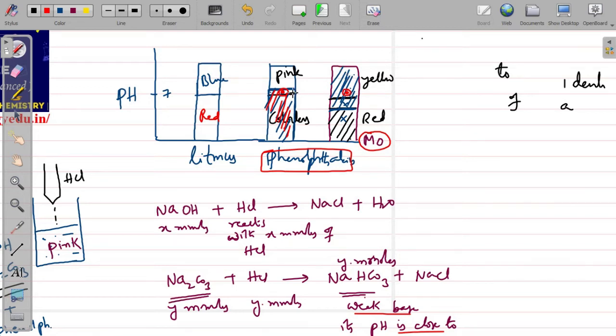Sodium bicarbonate has a pH slightly greater than 7. Phenolphthalein treated it as acid and changed the color from pink to colorless, whereas methyl orange treats it as a basic point and gives a yellow color.